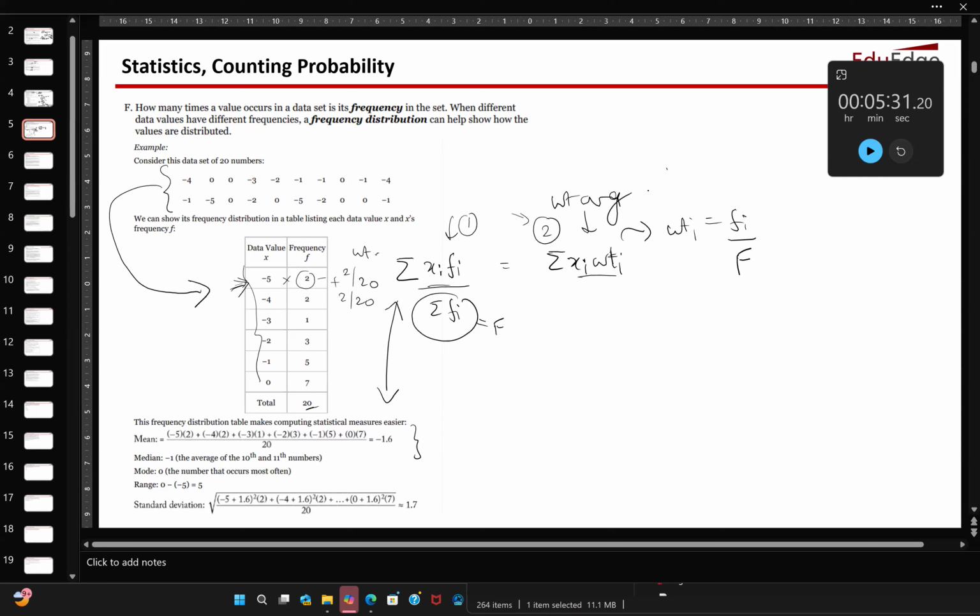If you want to find the median, you will need to find where this frequency distribution hits the 50 percentile.